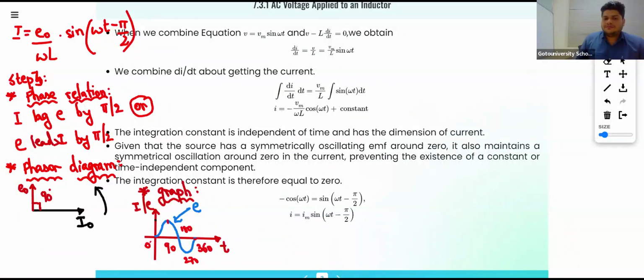Right? So when EMF reaches 90 degrees, our current comes into the picture, and it will be like this. Okay, phase relation, phasor diagram, and graph.